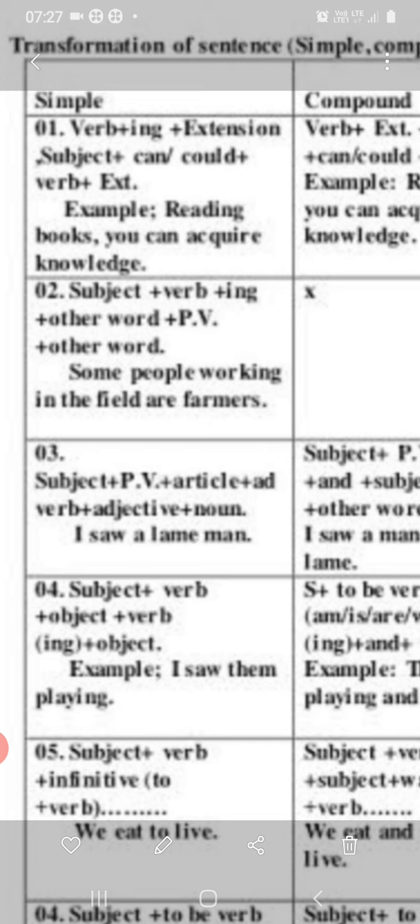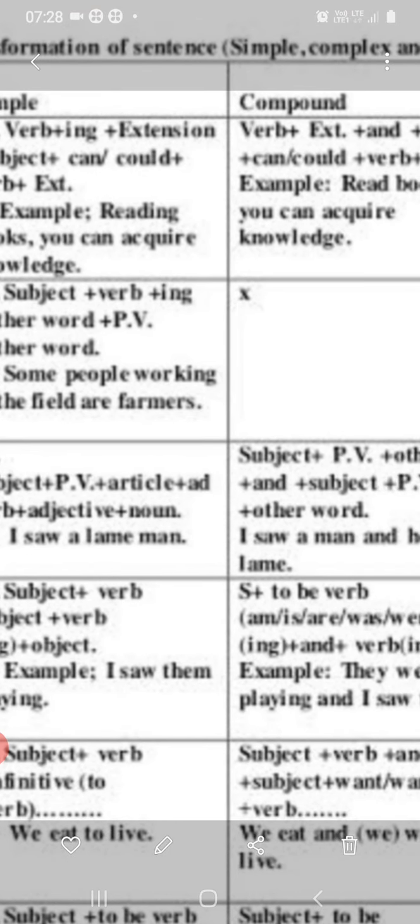Some people working in the field are farmers. Working in the field is the phrase. The actual clause here is some people are farmers. Working in the field is the phrase used here.